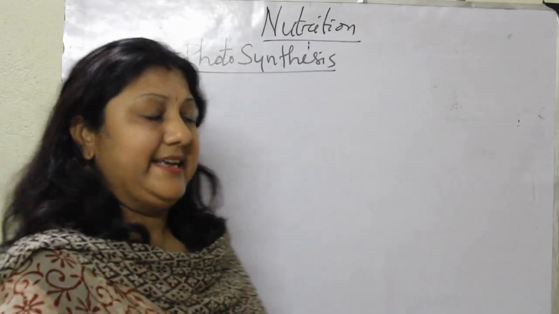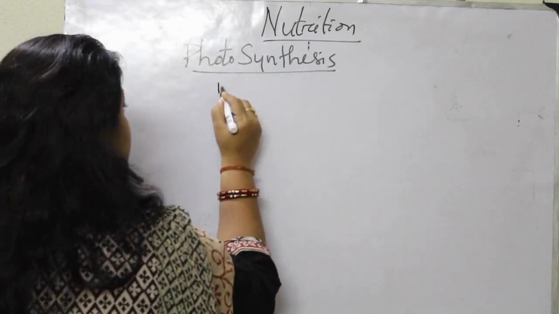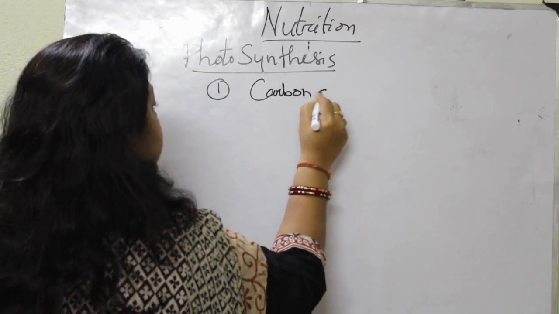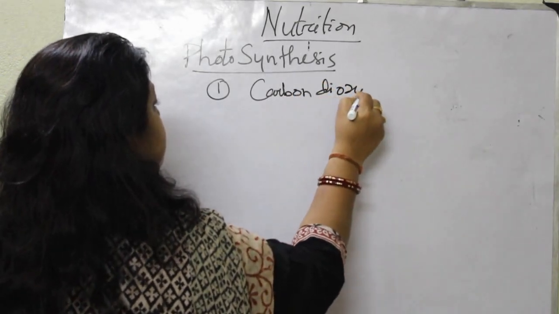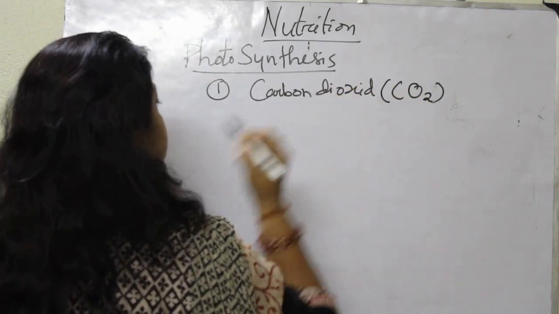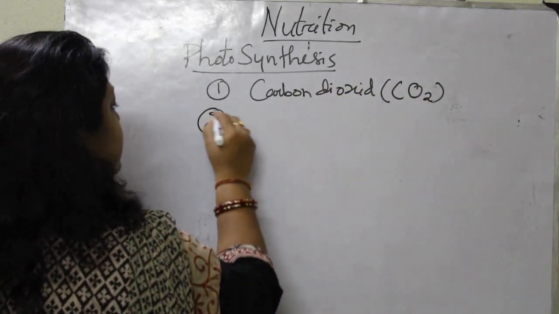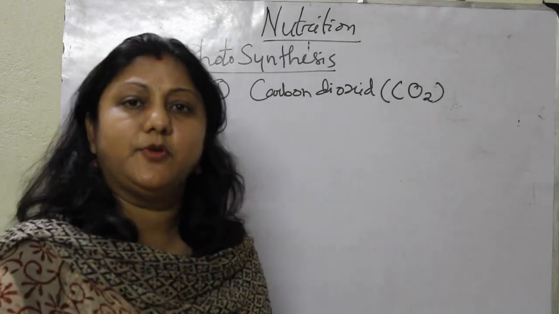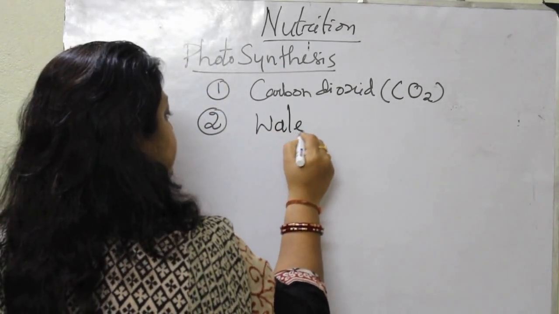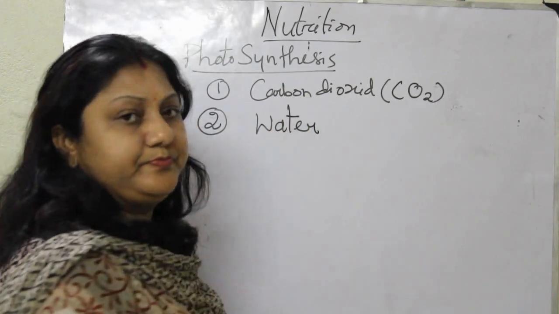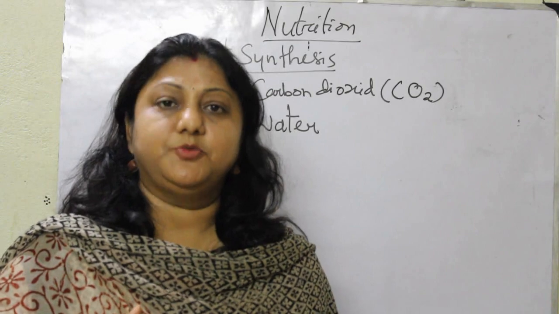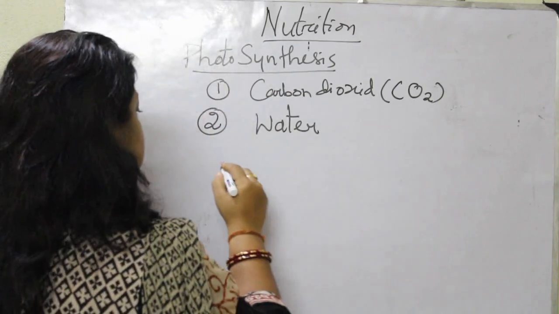Let us see. The raw materials, number one is carbon dioxide. We call it CO2. The second raw material which is used during the photosynthesis process is water. The third raw material which is used is light.